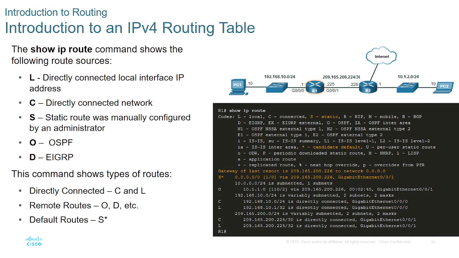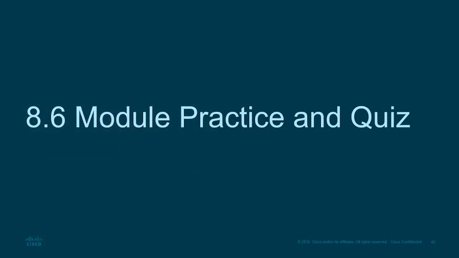So show ip route is a command that can be used to view the routing table of a router, and I'm going to be showing you guys directly how this works with our Packet Tracer, and we'll be introduced to how routers actually work. So let me share my Packet Tracer.